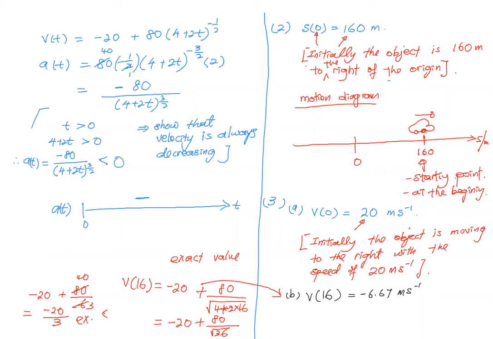Okay, can you please interpret this one? Whosoever I called just now. The object is moving to the left. What should we say about the time? Either you can say at 16 seconds or after 16 seconds, so we try to specify the time first.